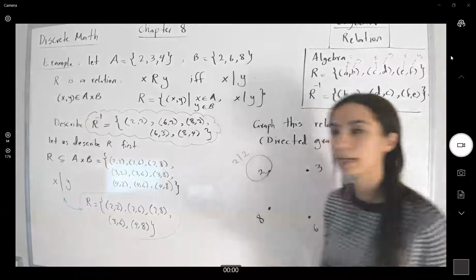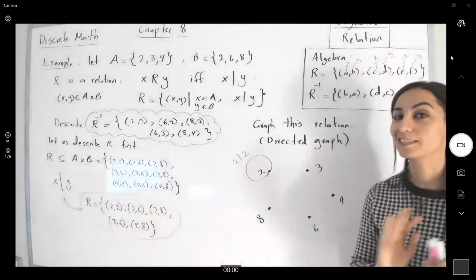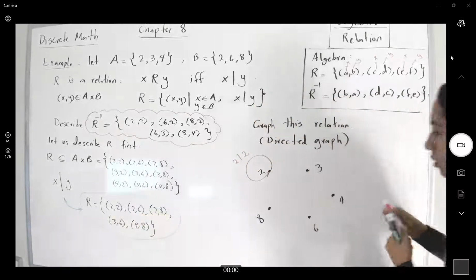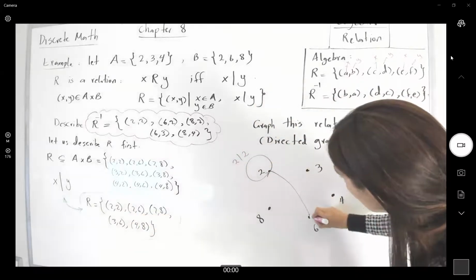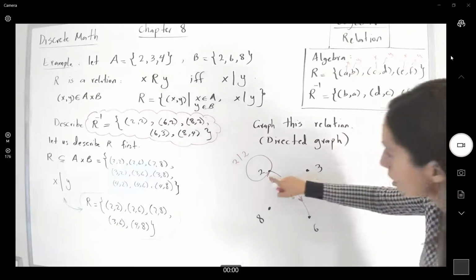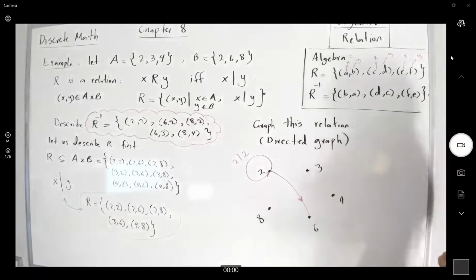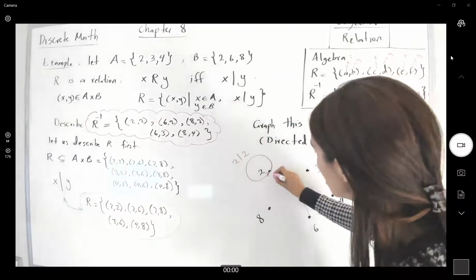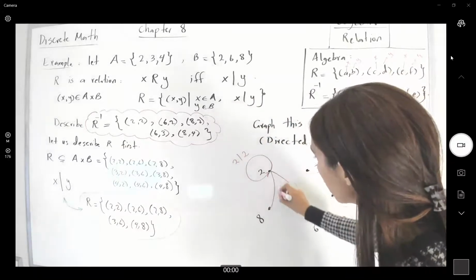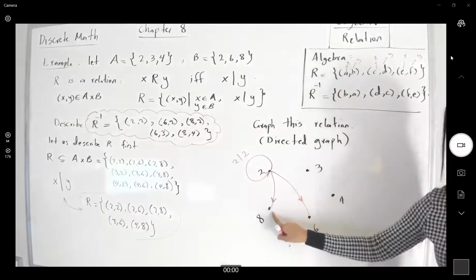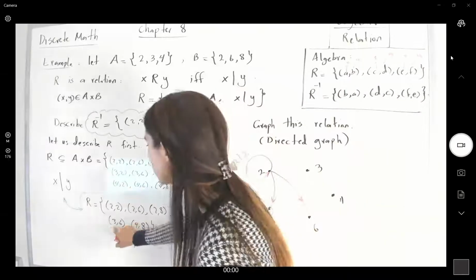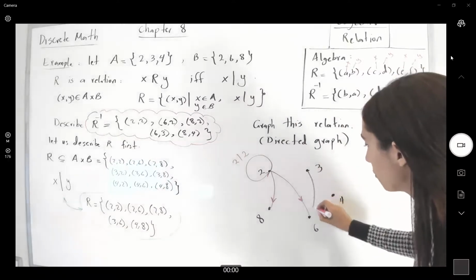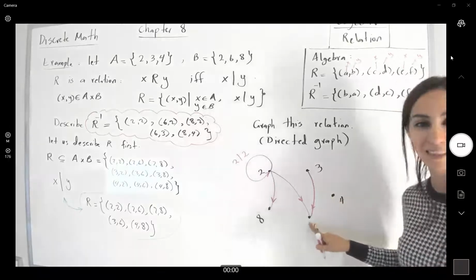2 is related to 6, but note that 6 is not related to 2. 2 is related to 6, so we're going to connect 2 to 6 by an arrow coming from 2 and going to 6. 2 and 8. Well, okay, 2 is related to 8, an arrow coming from 2 and ending at 8. 3 is connected to 6. Okay, an arrow coming from 3 and stopping at 6.